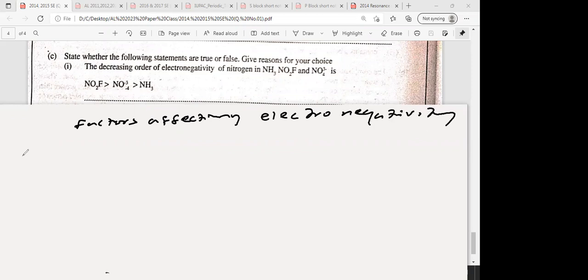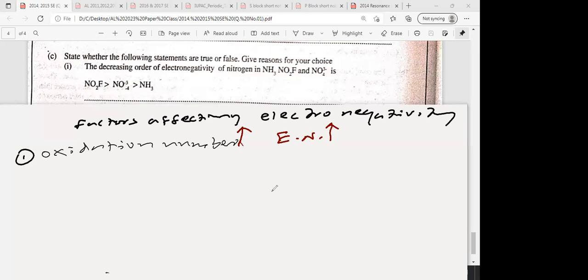Number one, first factor: oxidation number. When oxidation number increases, electronegativity (EN) increases.